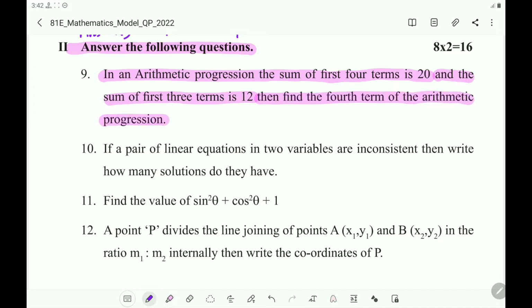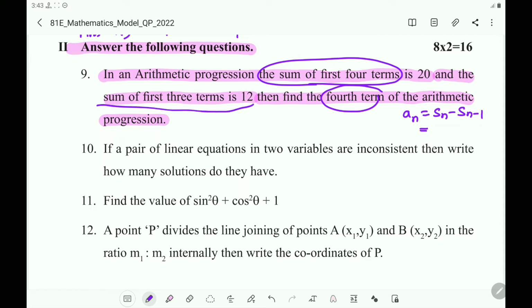Here you can use the relation an equals Sn minus Sn minus 1. Here what we have to find out? We have to find the fourth term. So Sn means here the sum of the first 4 terms, and the sum of the first 3 terms you take, that is Sn minus 1.